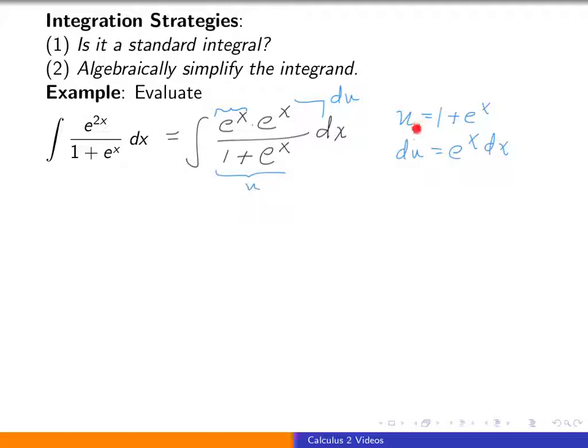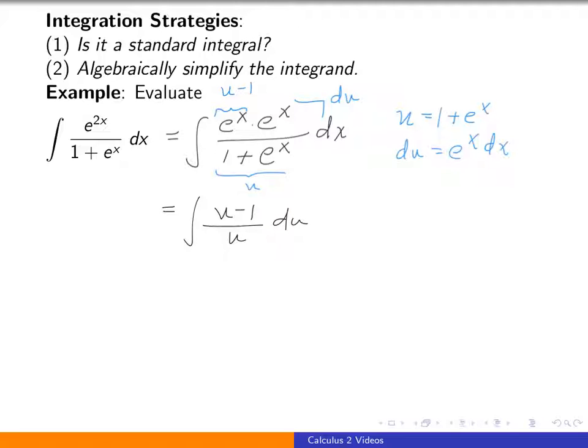But if we look at our substitution, that gives us a relationship between e to the x and u. E to the x is going to be u minus 1. So very quickly this integral becomes u minus 1 over u.